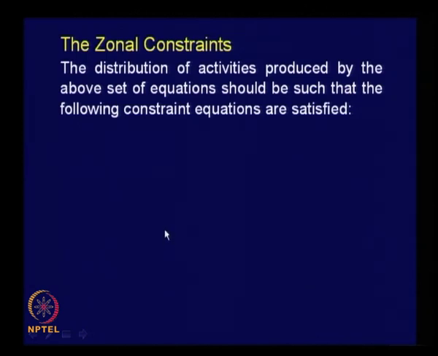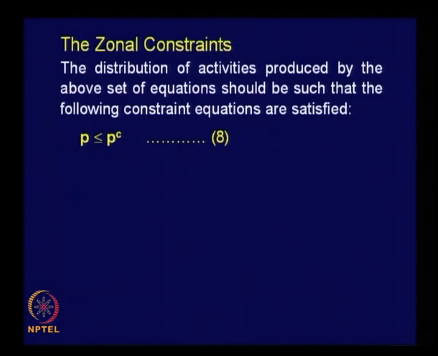Then about the zonal constraints, the distribution of activities produced by the above set of equations should be such that the following constraint equations are satisfied, as I indicated to you earlier. The first constraint is this: P should be less than or equal to PC.